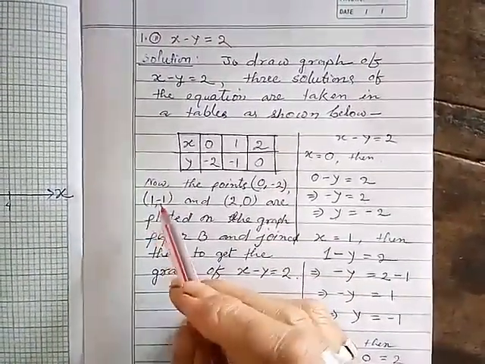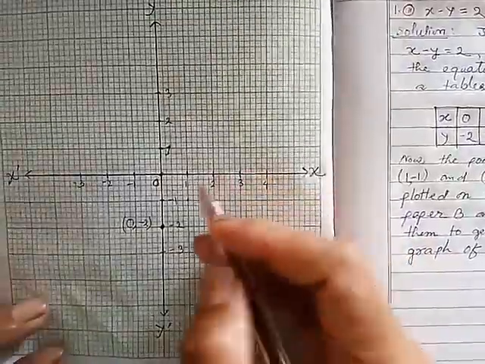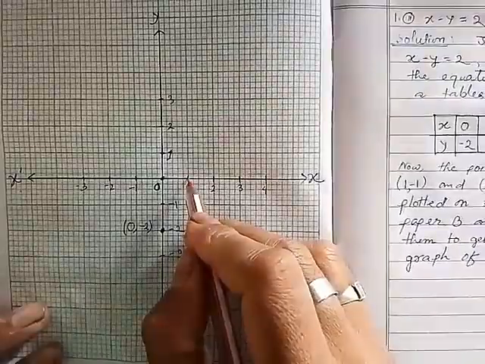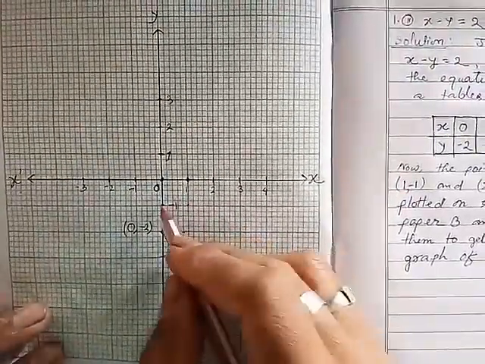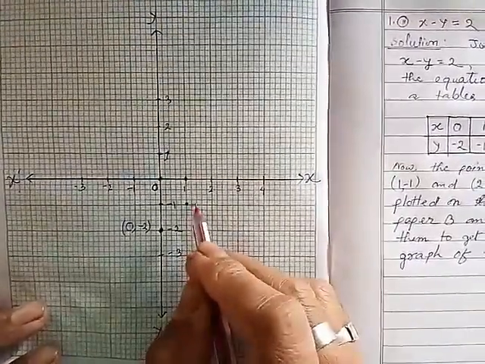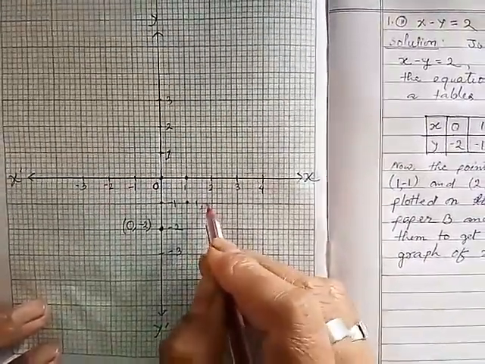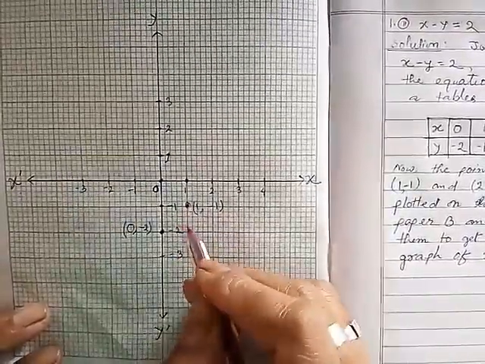The x coordinate is 1, the y coordinate is minus 1. So on the x-axis, x is 1, and y is minus 1. So their combination will be here. The x coordinate is 1 and the y coordinate is minus 1. So this is the second point.